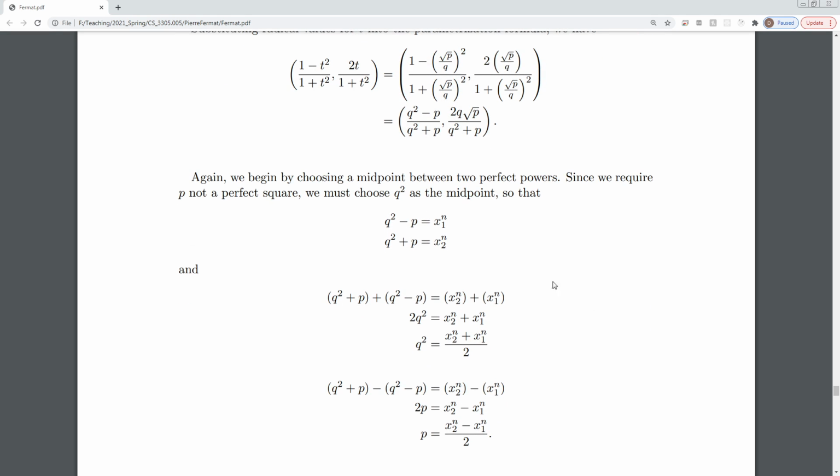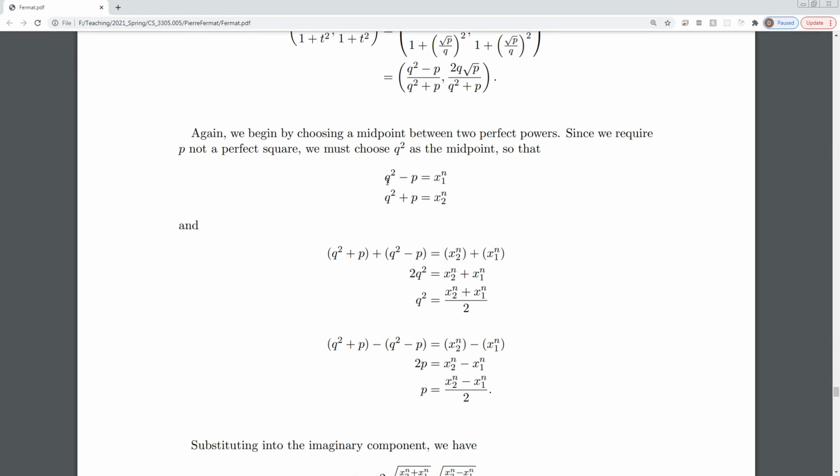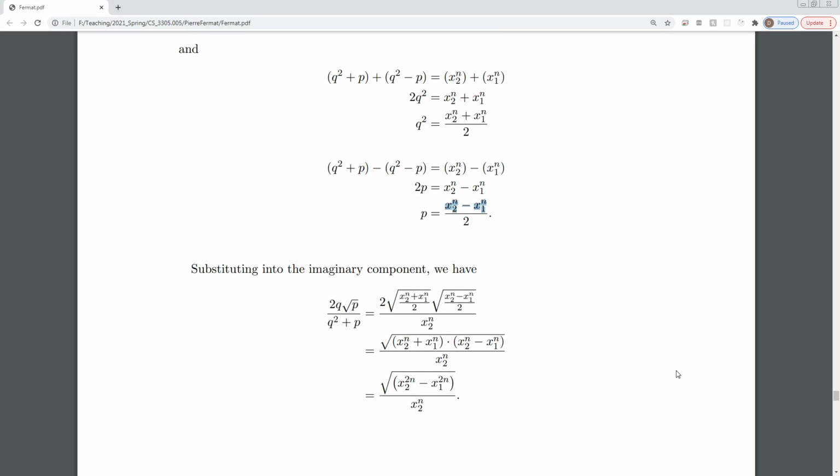And initially that's really promising, because now we get two perfect powers right out of the gate. We get x1 to the n over x2 to the n. And so we can solve for q, or we can solve for q squared. We can see what that is, and we know that q is going to be the square root of this. And p is going to be that difference of perfect powers divided by 2.